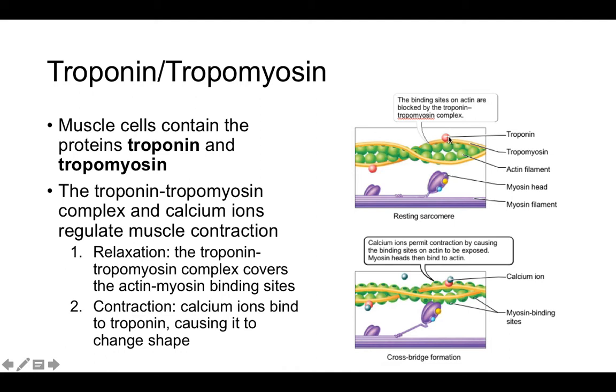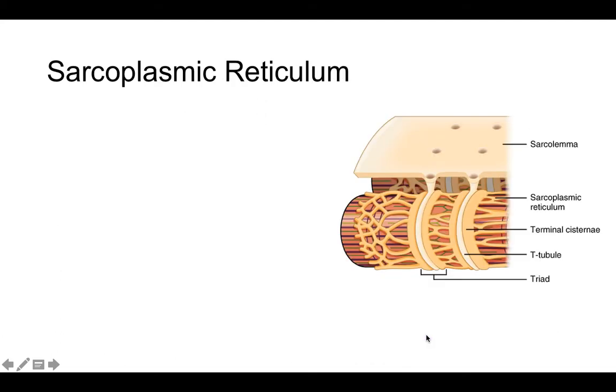The calcium will bind to the troponin, and because this is a protein, any binding will cause a 3-dimensional shape conformation change. This removes the troponin-tropomyosin from the active sites of the actin molecule, which allows for myosin binding.